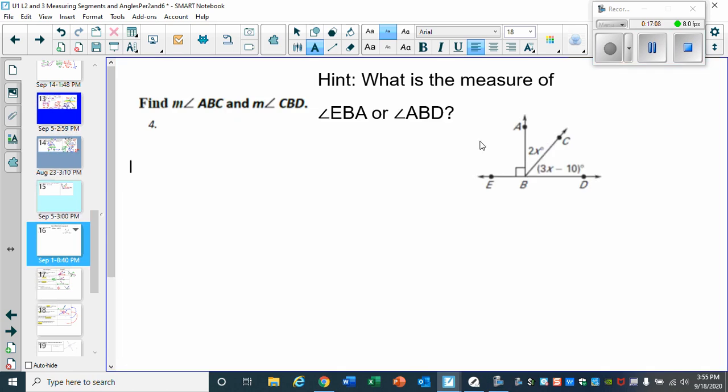This one, you need to find both ABC, CBD. Now, we talked about this briefly. We're going to talk about it again. Anytime you see this little box, that tells us that's a right angle. So right away, we know that from here to here is exactly 90 degrees.